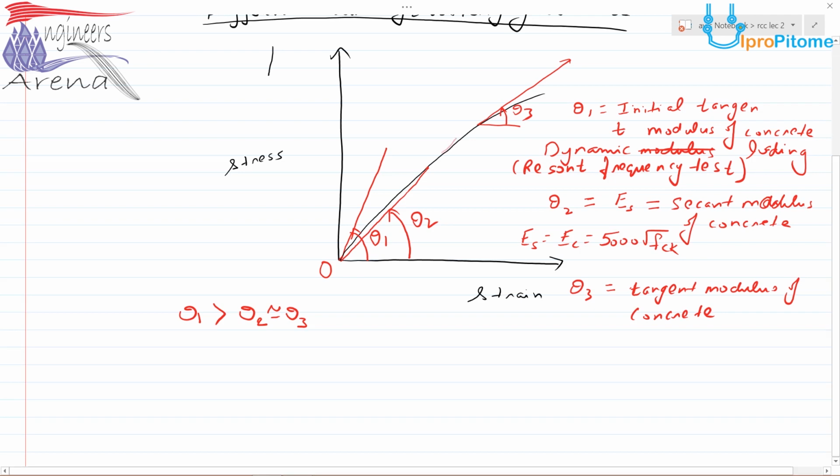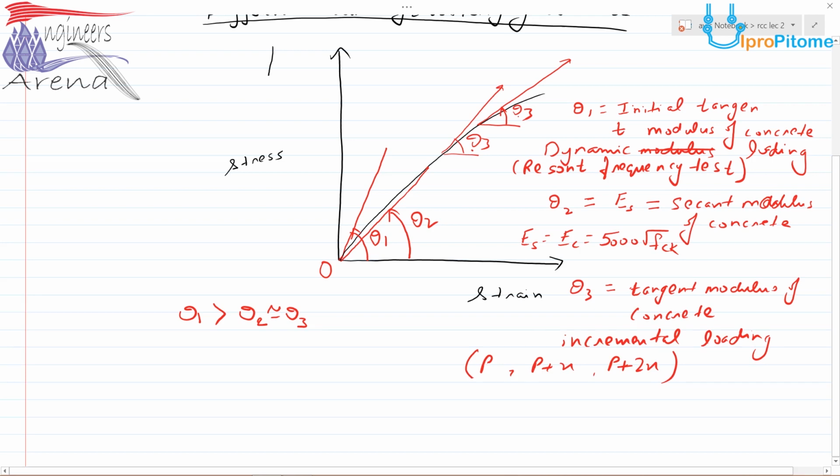Wherever I draw a tangent, that will be equal to theta3. This is theta3, this is theta3. So this is used for incremental loading test. What we do is load a pile with load P, then P plus X, then P plus 2X, likewise increasing the load.